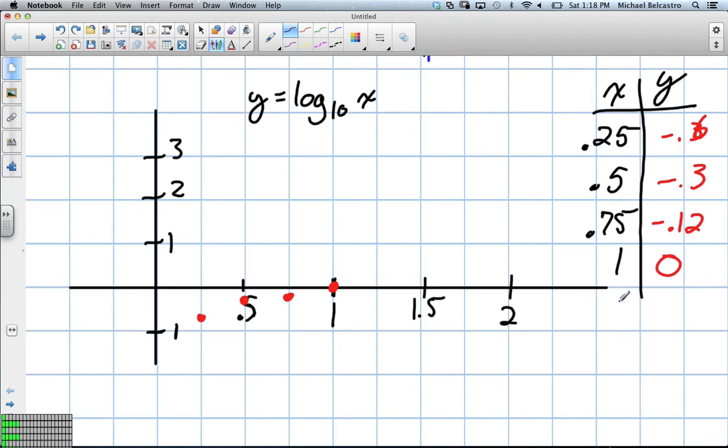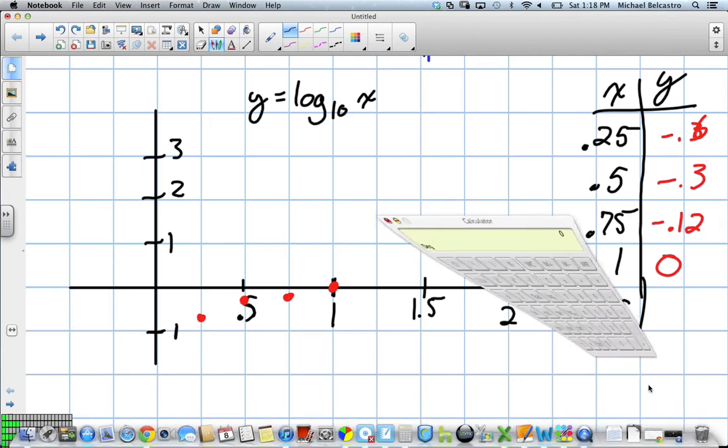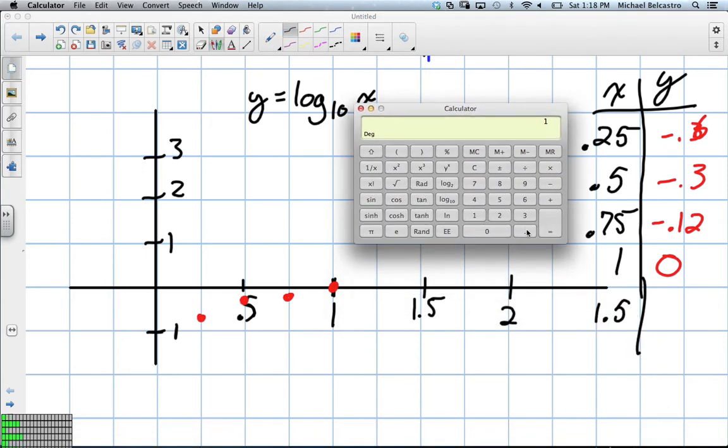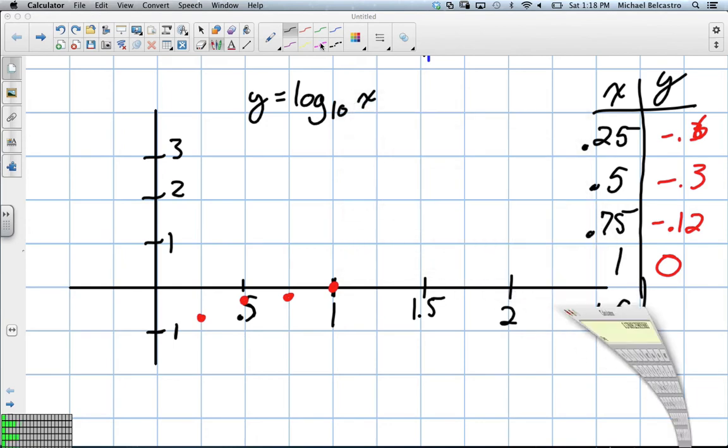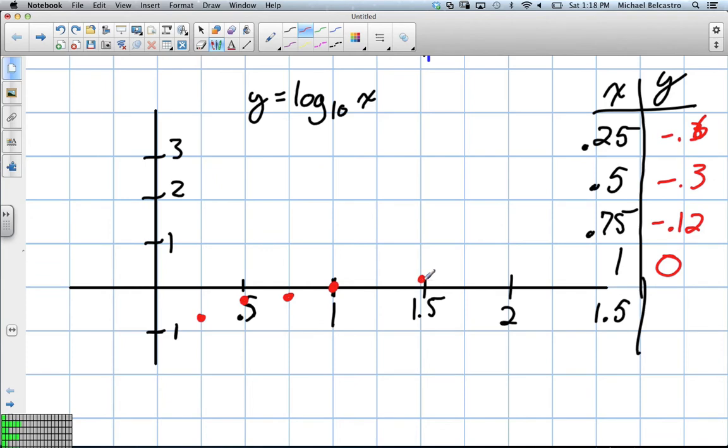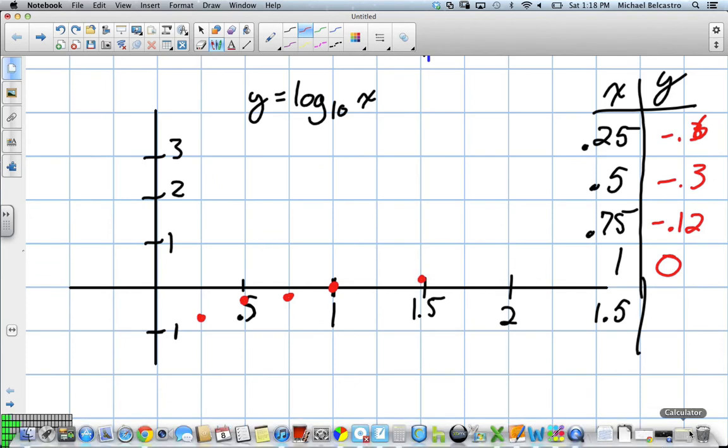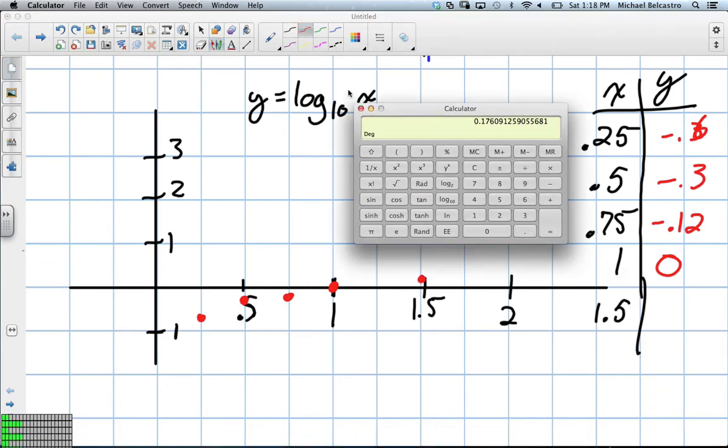We'll jump up to 1.5, just to see what that y value is. It's just so we get an idea of what the log graph is going to be, and we're going to see how it changes. Well, log 10 of 1.5 is 0.17, so pretty low here. And we'll jump ahead again to log 10 of 2, which is 0.3.